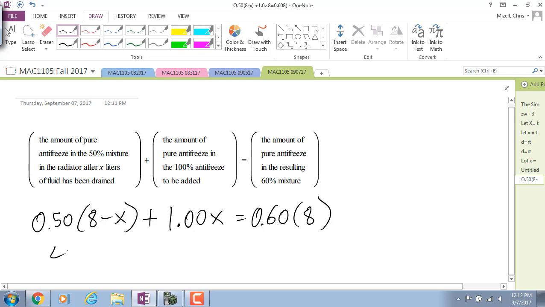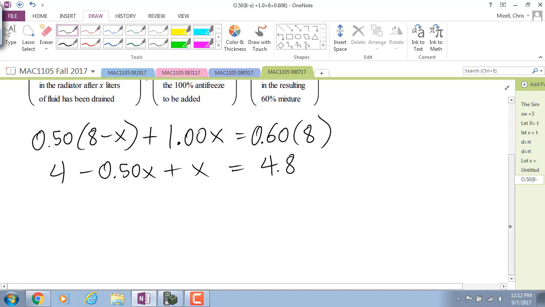Half of 8 is 4, minus 0.50x, plus x, equals 4.8. I think it's 4.8. Yeah. Combine like terms. If I combine negative 0.5x with x, I'll get positive 0.5x. So 4 plus 0.5x equals 4.8. I managed to make myself drop the 0 in that case.